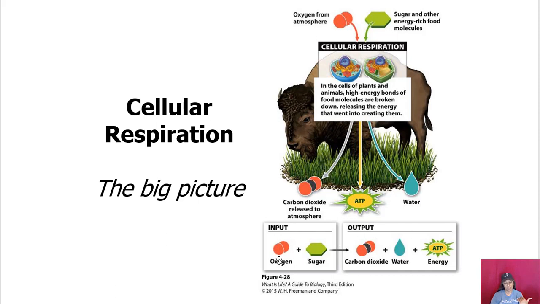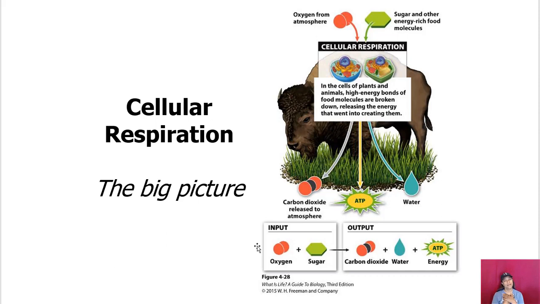The input is sugar and oxygen, and the output is carbon dioxide, water, and ATP, energy. So whenever you're thinking about cellular respiration, the easiest way to remember it is just remember what we do on a regular basis that you already know about.